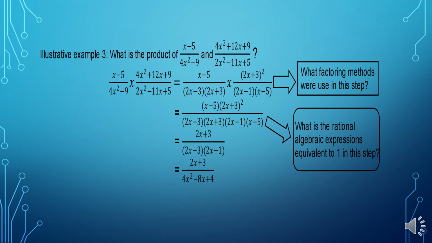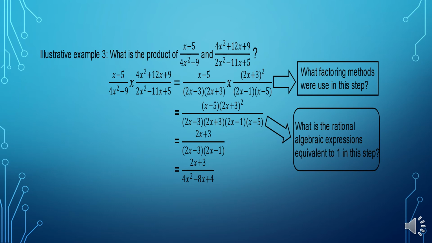So x minus 5 remains since it is already simplified. And then this one, 4x squared minus 9. We can simplify it. It becomes 2x minus 3 times 2x plus 3. And then our second fraction is 4x squared plus 12x plus 9.